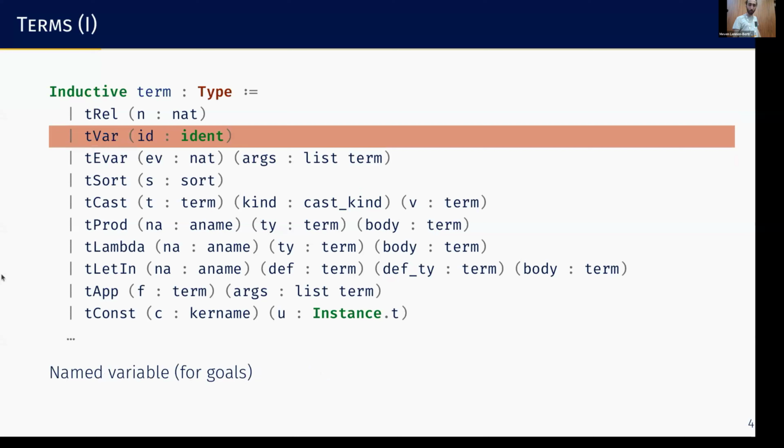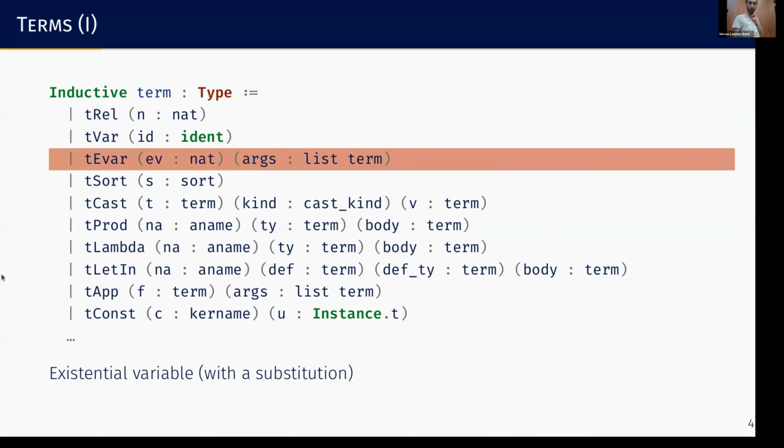These are other kinds of variables. This one is used for goals, and I don't think we have much support for it currently. The same goes for existential variables, the thing that you get when you want to do unification and so on. You can still manipulate them.